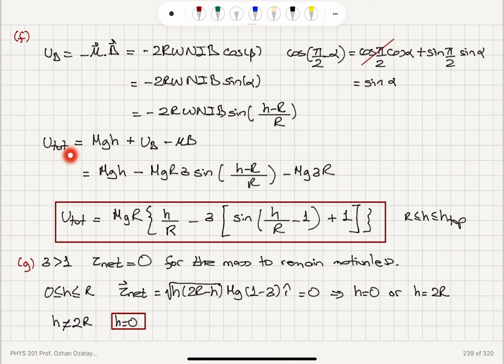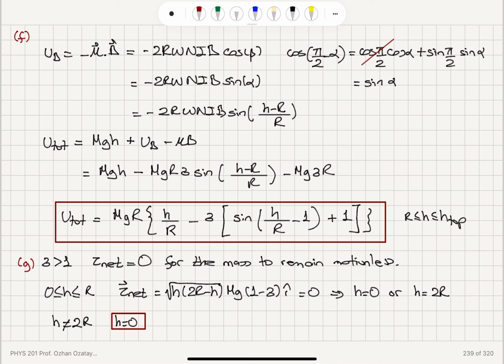The total energy is mgh plus this potential energy minus the potential energy for h equals 0, which is minus mu B. So that's basically how we define the magnetic potential energy. So this total potential energy now has this value, which is valid for h greater or equal to R and less or equal to h top.